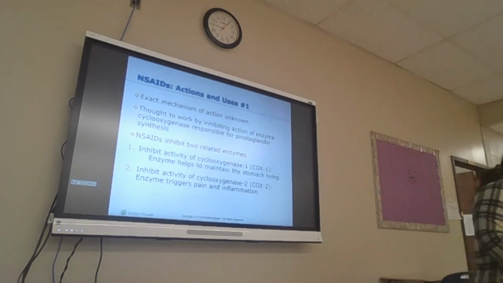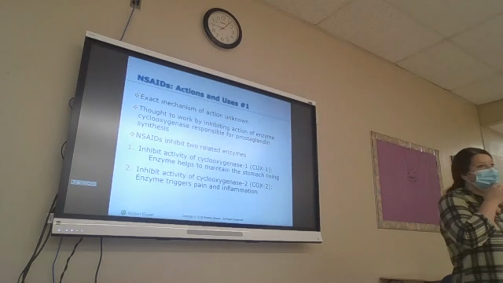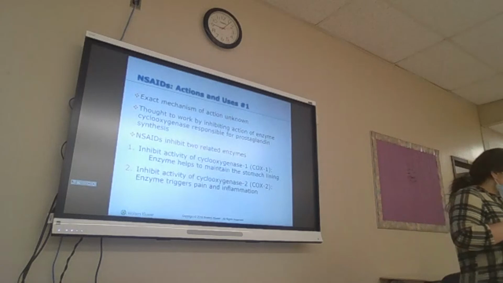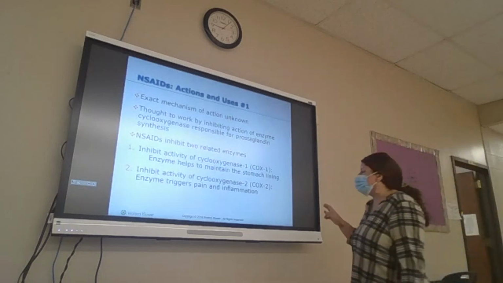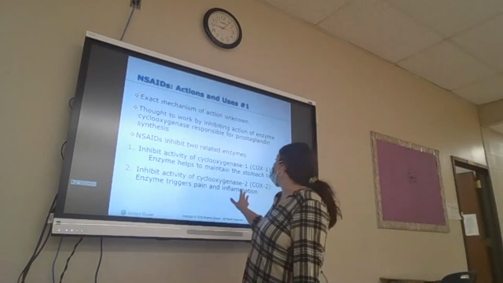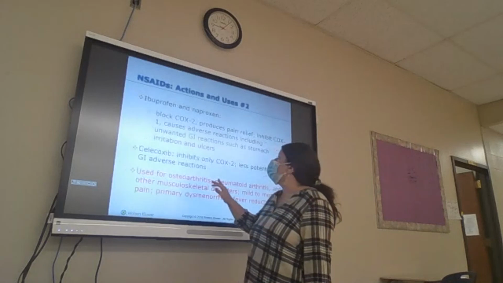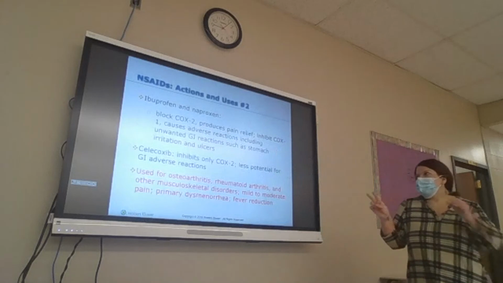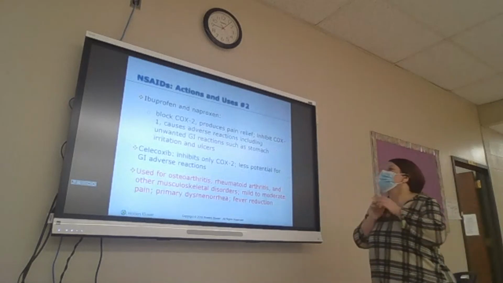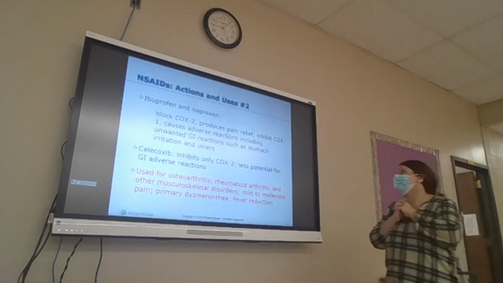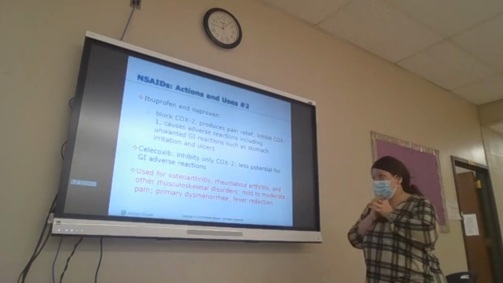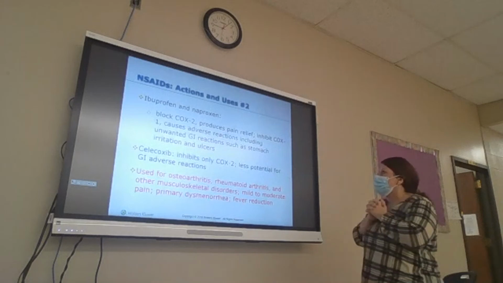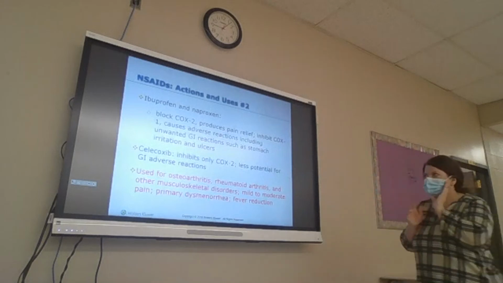You need to remember that they know that's how Celebrex works, as a COX-2 inhibitor, and COX-2 has a lot to do with inflammation. Ibuprofen and naproxen also block COX-2, which produces pain relief. They inhibit COX-1, which causes adverse reactions, including GI reactions such as stomach irritation and ulcers.